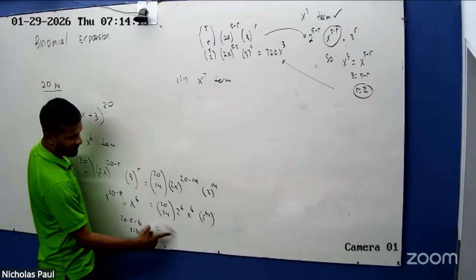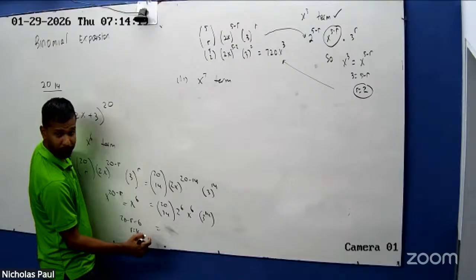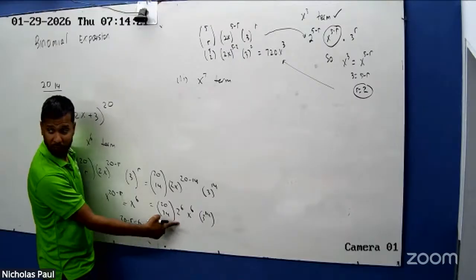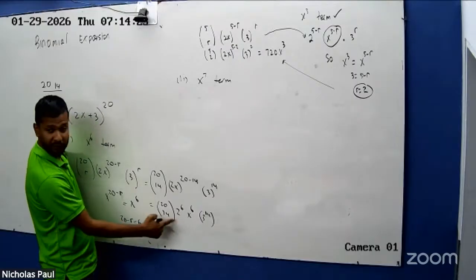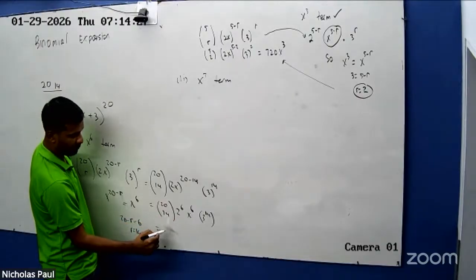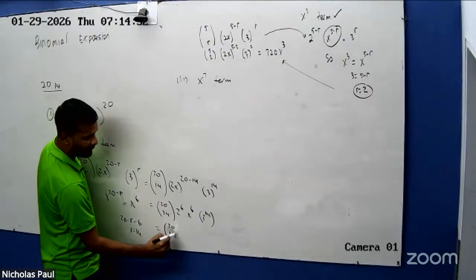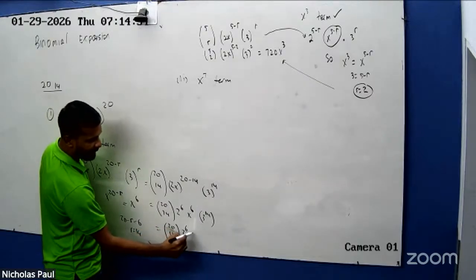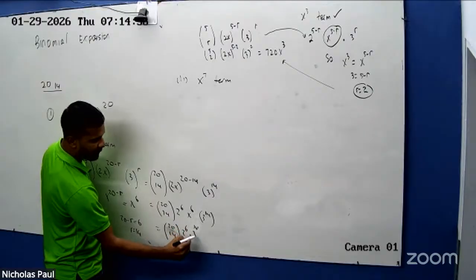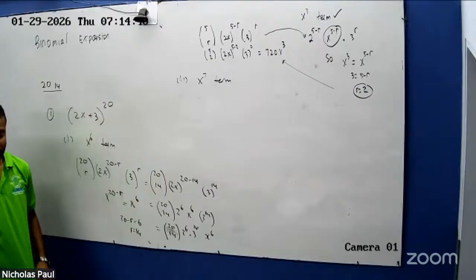So I guess you can leave it like this if you want. Anyway, it's 20C14, 2 to the 6, 3 to the 14, times x to the power 6. All of this here.